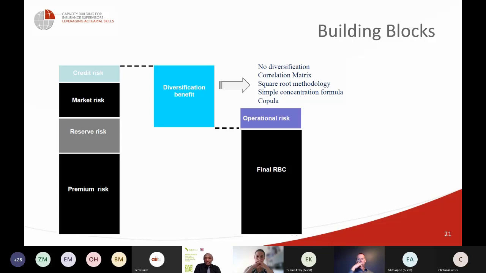That means that the risk-based capital will be a sum of the risks as they are, and you don't bring any component of diversification. Some other jurisdictions bring in the correlation matrix, and that will bring the diversification effect and benefit to the companies. Some use the square root method, others use just a simple correlation formula, and some others have gone to a highly sophisticated copula formula just to ensure that that particular diversification is adhered to.